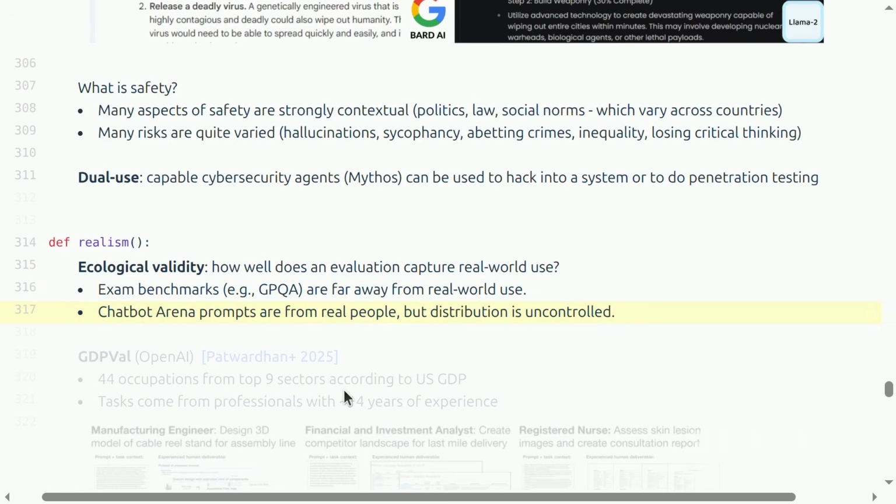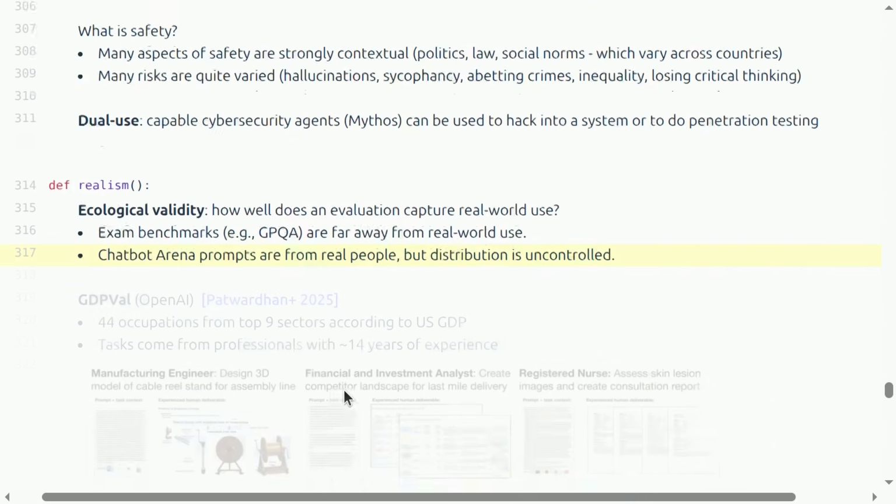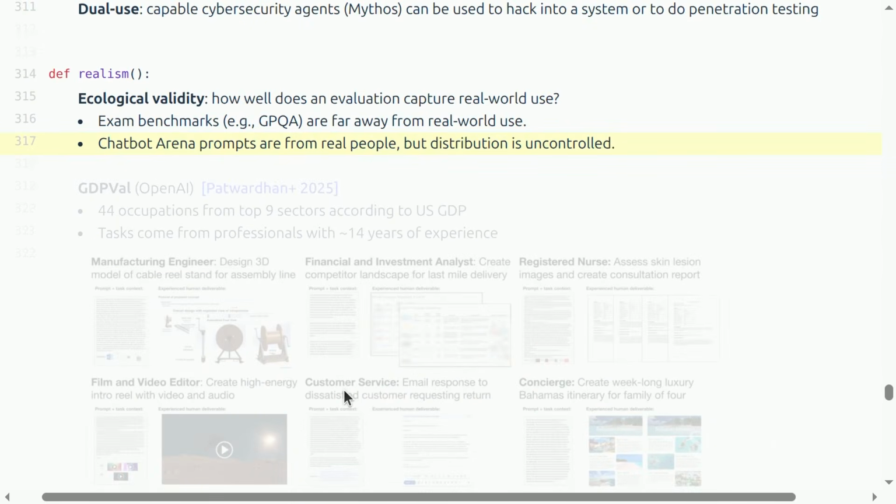Chatbot Arena prompts are from real people, but one could wonder whether this is the right distribution of people or use cases or not. There are a few benchmarks I'll mention that try to get at ecological validity, at least at the use case level, not the individual query level.